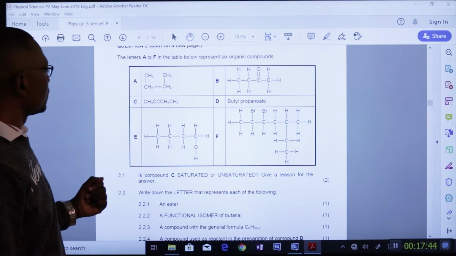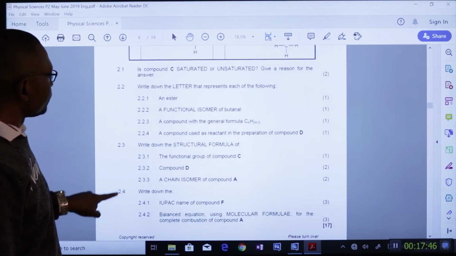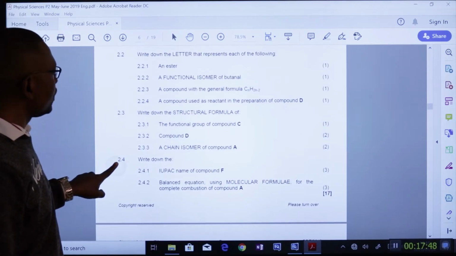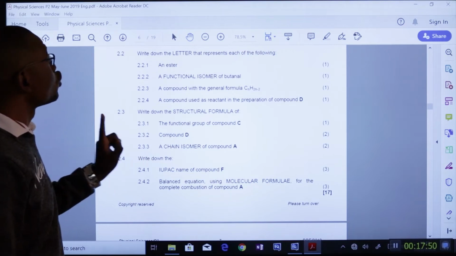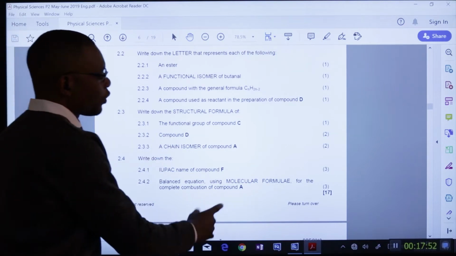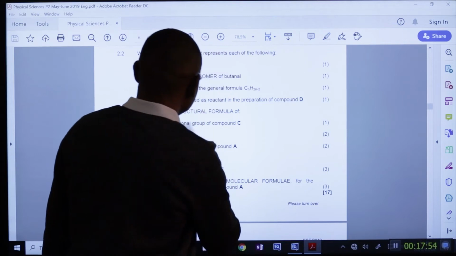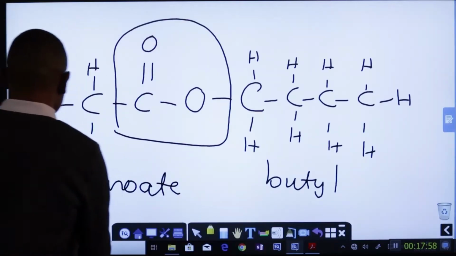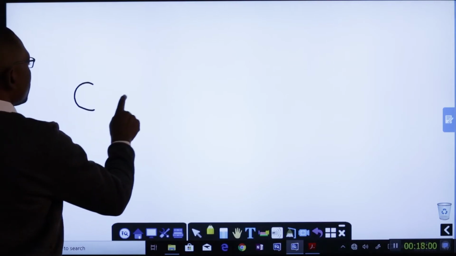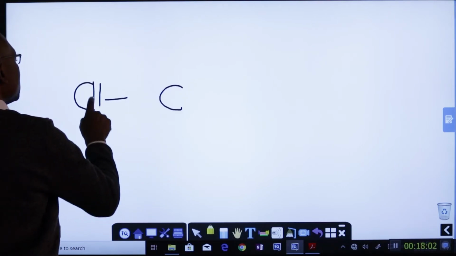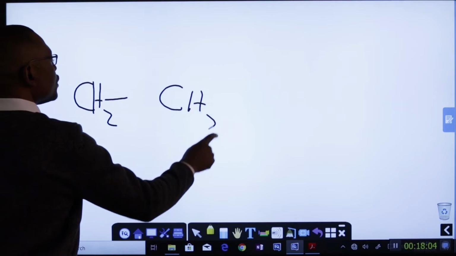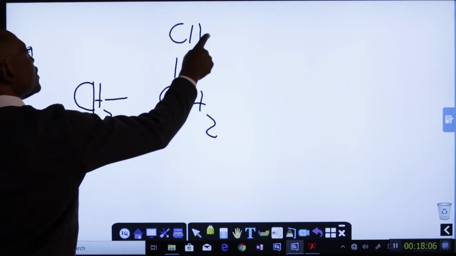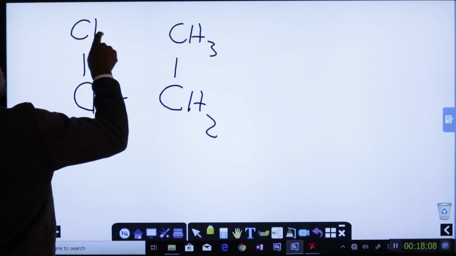So yes, right. So actually, if we need to draw the structure, let's see how we are going to draw the chain isomer. So here we are saying this is a carbon with a H2, and then CH3 and CH3.